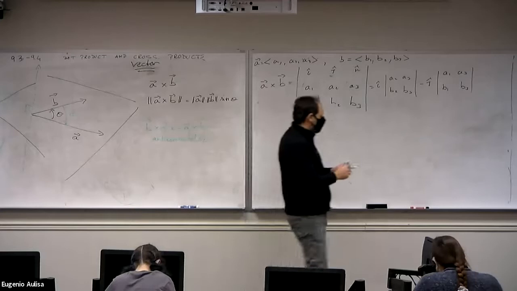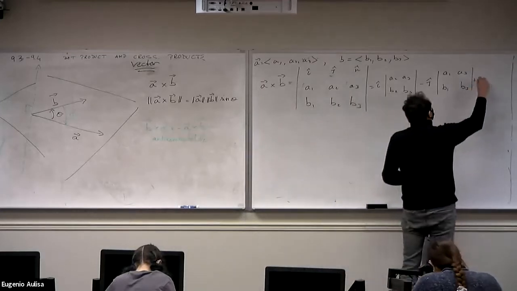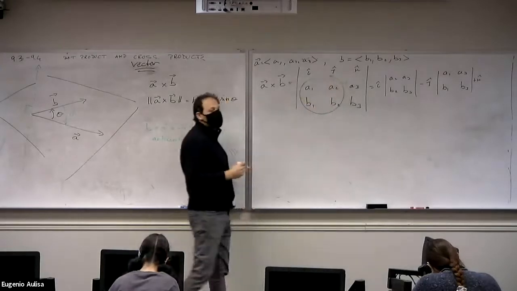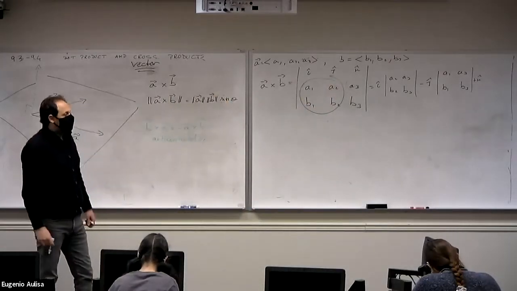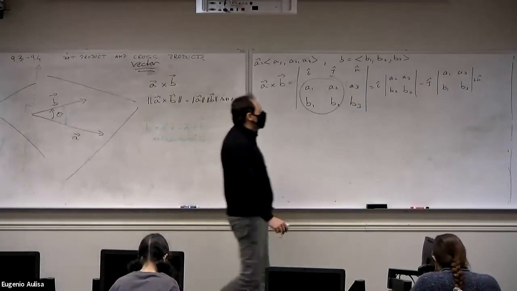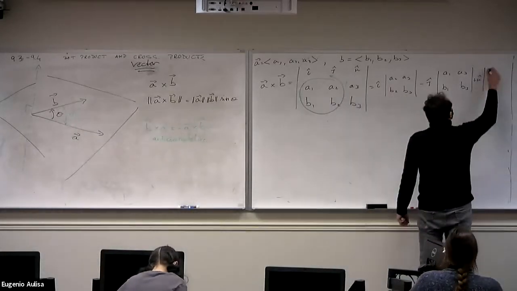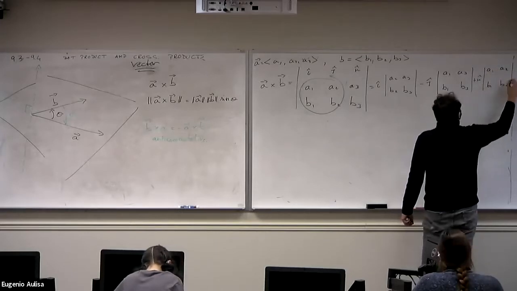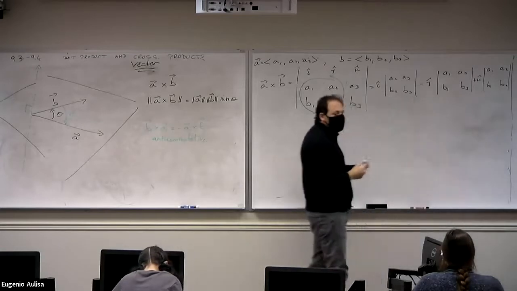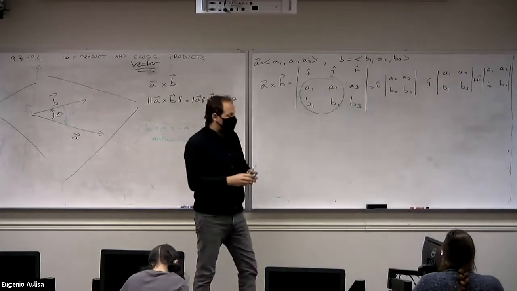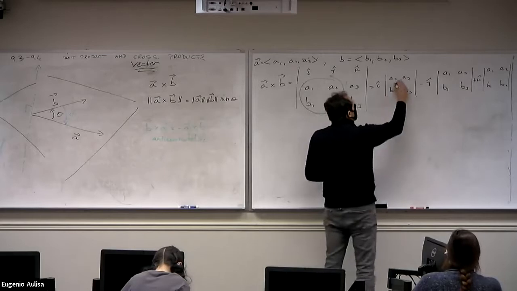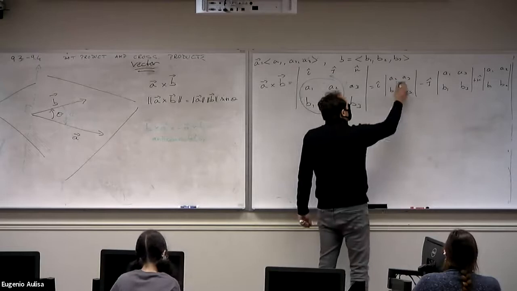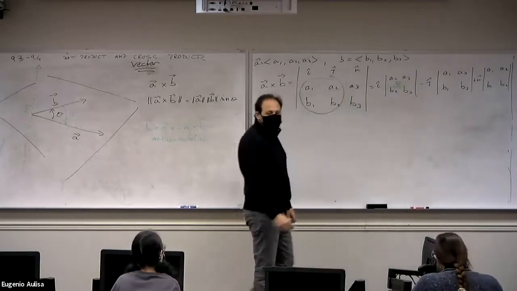Plus k, the third element of the first row. Now if I remove the row and the column of k, I'm left with the minor A1, A2, B1, B2. For a 2 by 2 matrix, the determinant is always the product of the main diagonal minus the product of the other diagonal.